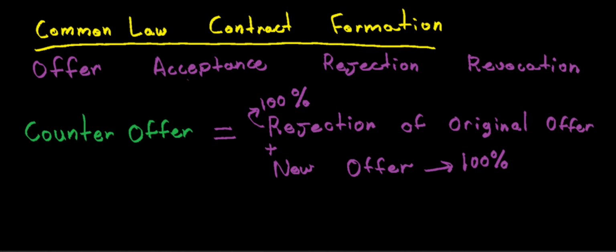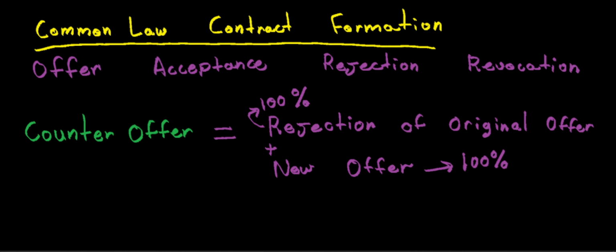But the way that the common law looks at this is that even if the parties are in agreement over 95% of the contract, that 5% that they're not in agreement over might be important to one of the parties and might be material for them as to whether or not they want to form a contract. And so even though they're in 95% agreement, common law assumes that 5% will be fatal to the formation of a contract if both parties don't agree.